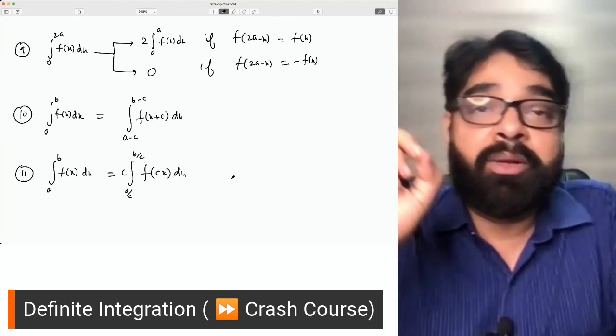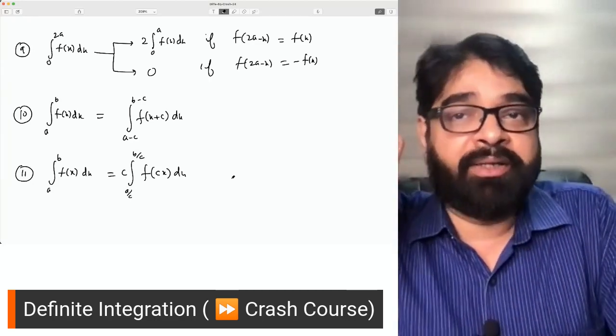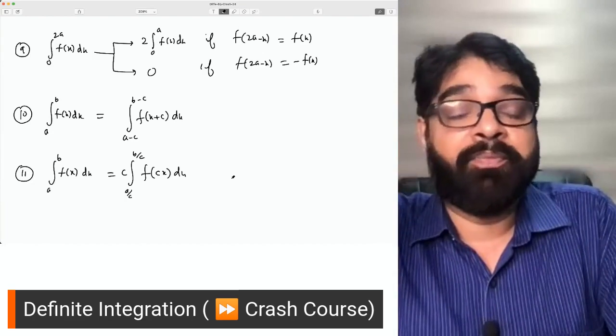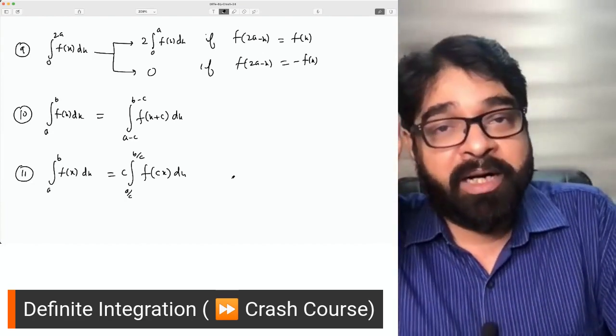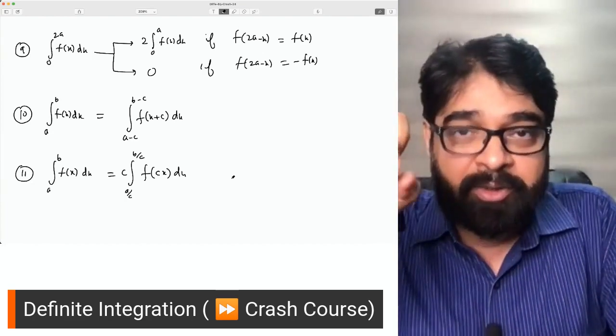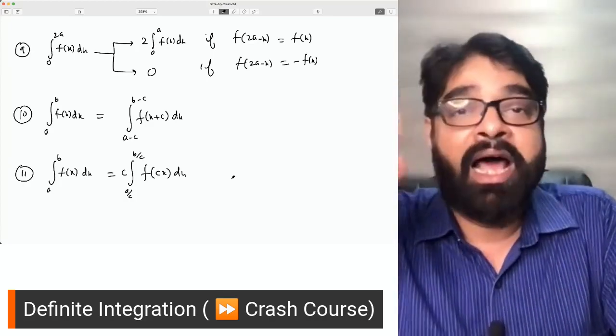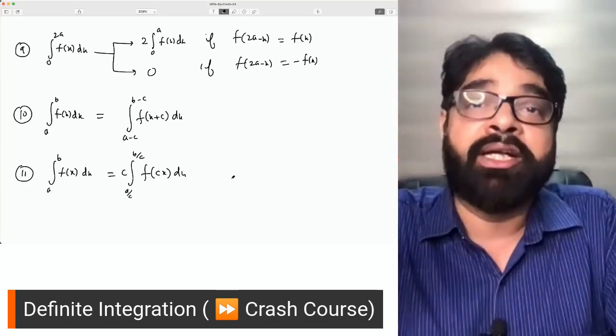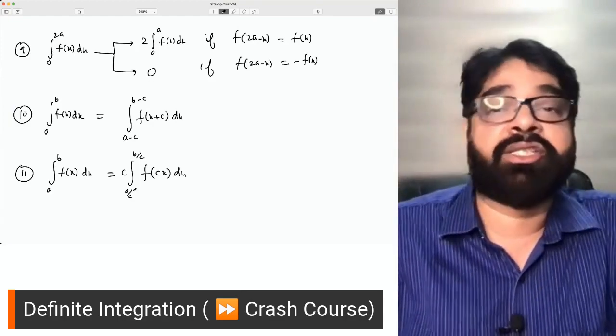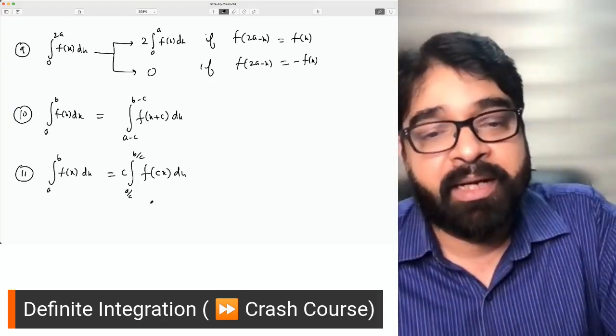Whenever in the x you are multiplying any constant, of course you should not multiply by 0, the same constant you have to multiply outside of the definite integration, as well as divide in the limits. Am I clear?